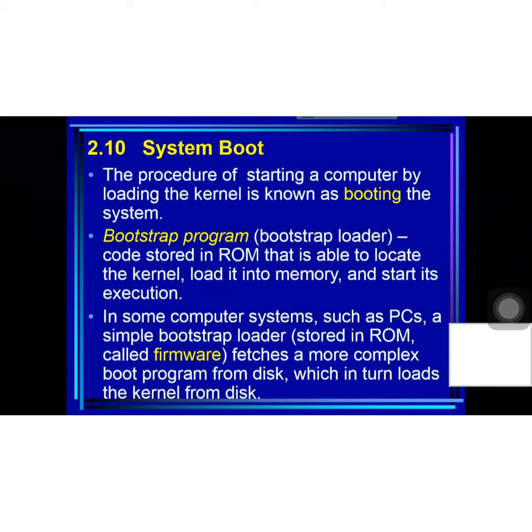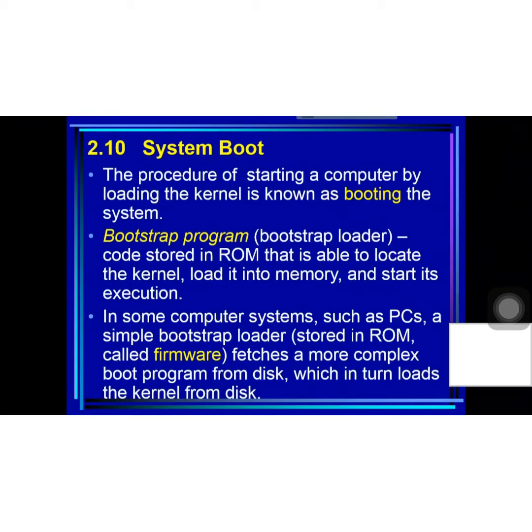In this case, the bootstrap runs diagnostics and has a bit of code that can read a single block at a fixed location from disk into memory and execute the code from that boot block.